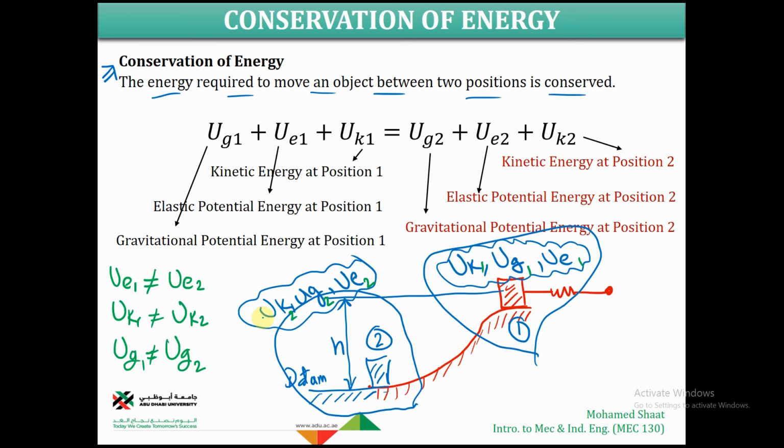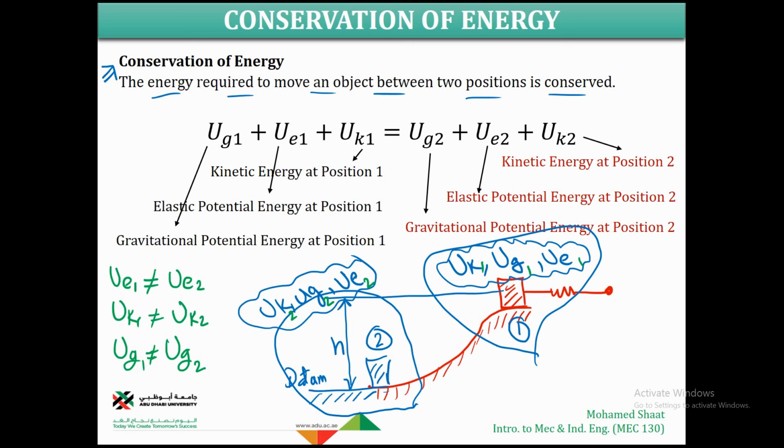So every specific energy is not necessary to be conserved. It could change in value, changing from one form to another, making the sum of the three energies the same at the two positions.